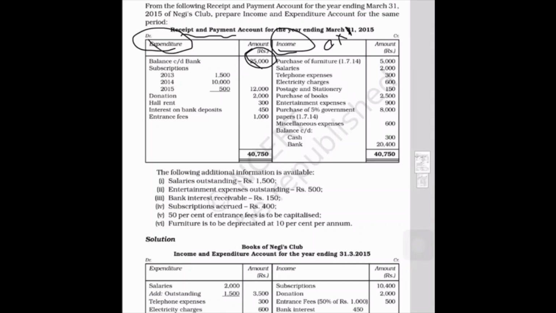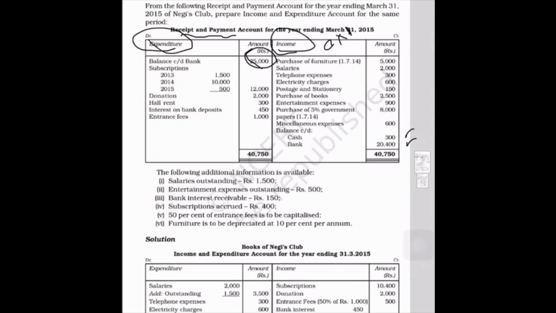And the closing balance, cash 300 rupees, bank 20,400 rupees, has also to be excluded. Then we will concentrate only on the receipt side. The receipt side is the debit side in receipts and payments account. These transactions will be coming in the credit side of income and expenditure account.